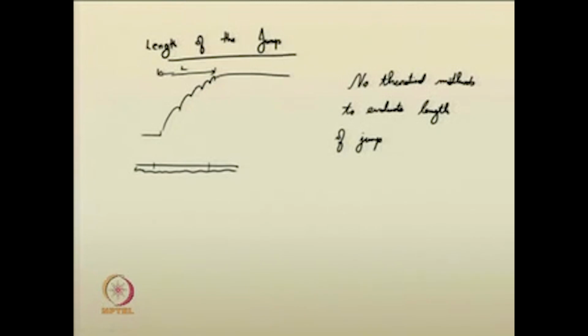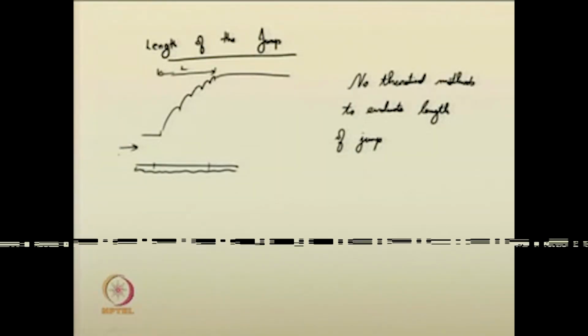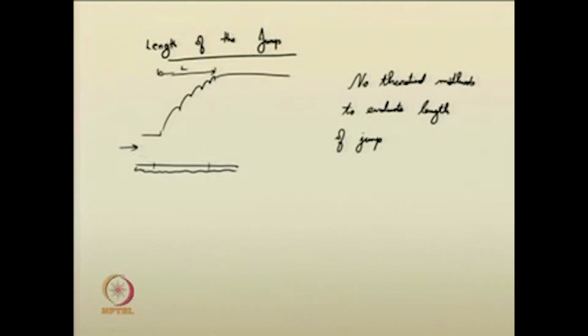Due to the sudden rise of water, the pressure exerted on the channel bed will be quite drastic. Or suppose high velocity water is coming here, it can scour the channel bed.